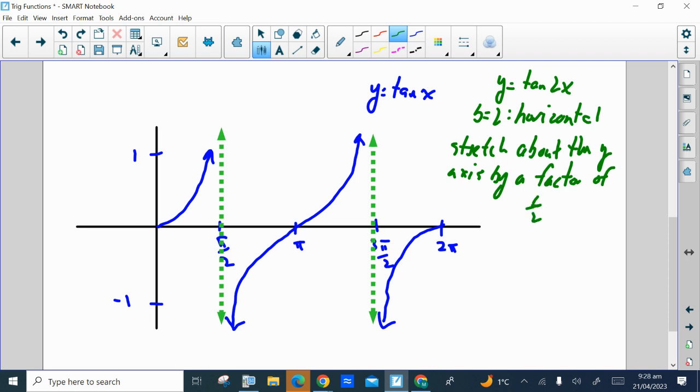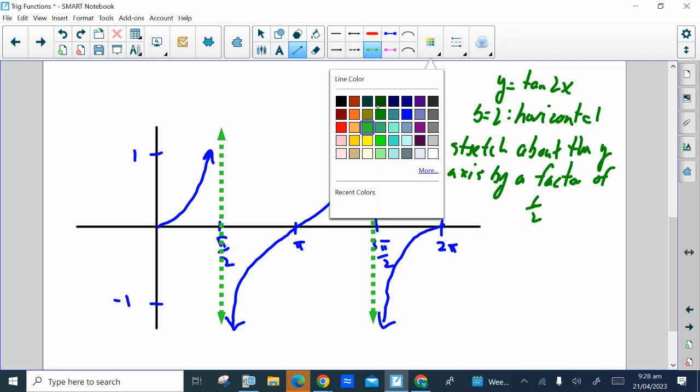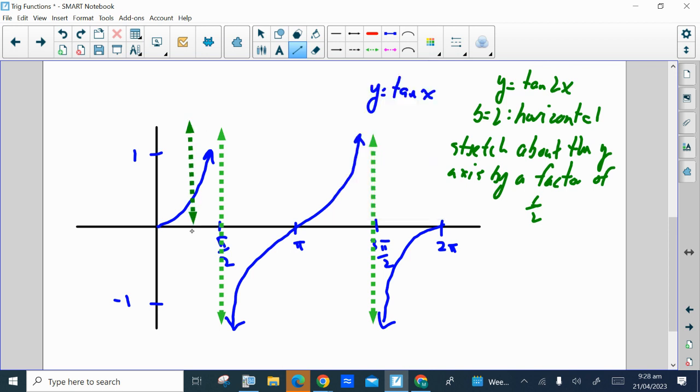So everything will be half of what it was before. So instead of having asymptotes at every pi on 2, the first one will be half of that, which is pi on 4. So there's our first asymptote.